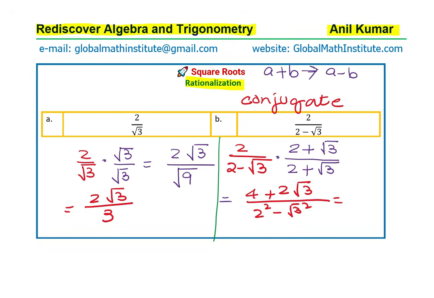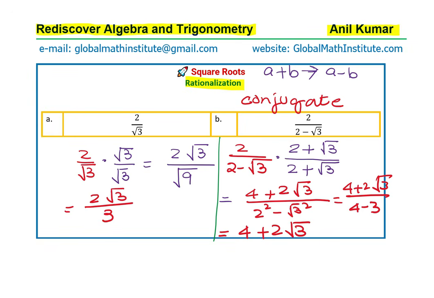So what you get here is 4 plus 2 square root 3, because in the denominator we have 1, 4 minus 3. Or let me rewrite here, 4 plus 2 square root 3, and here we have 4 minus 3, correct? So the final answer is 4 plus 2 square root 3. That is the result of rationalization.